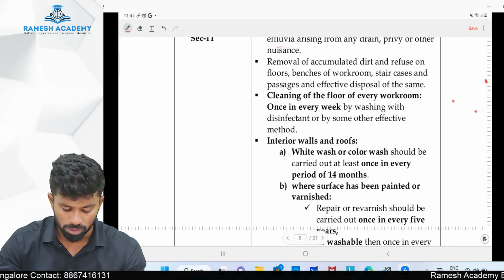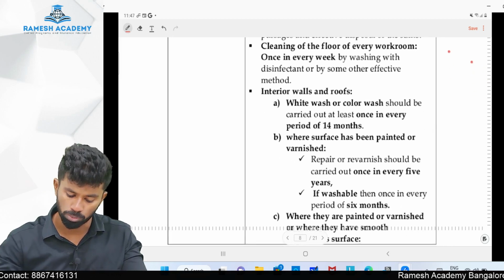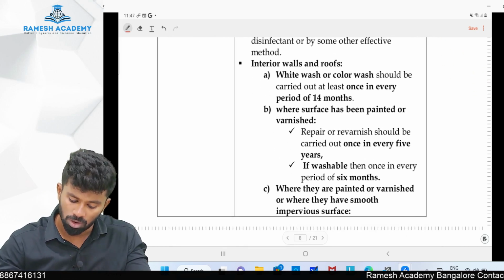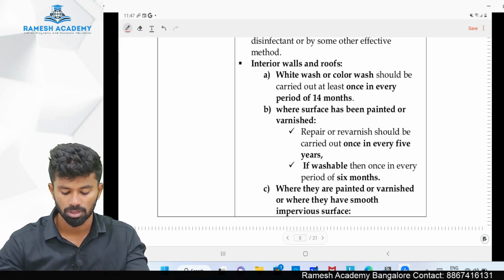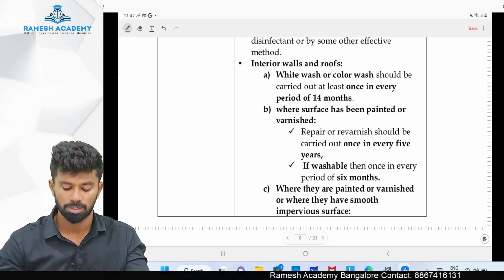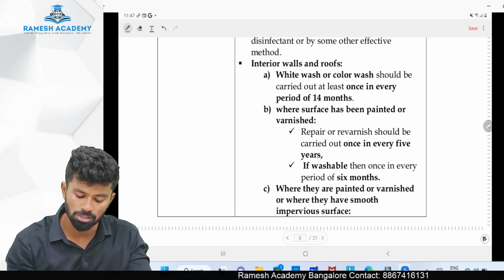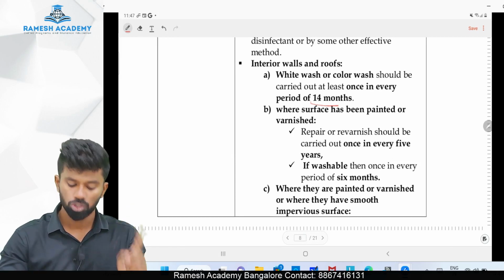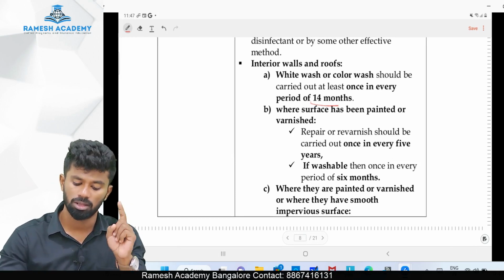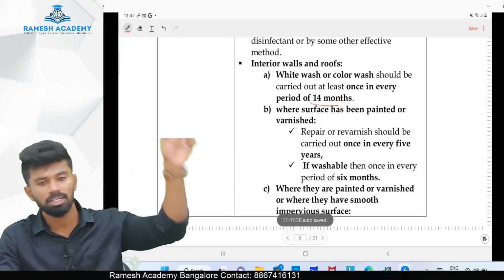Okay. Next one, interior walls and roofs. Whitewash or color wash should be carried out at least once in every period of how many months? Once in every period of 14 months. Whitewash or color wash should be carried out at least once in a period of 14 months for the interior walls.